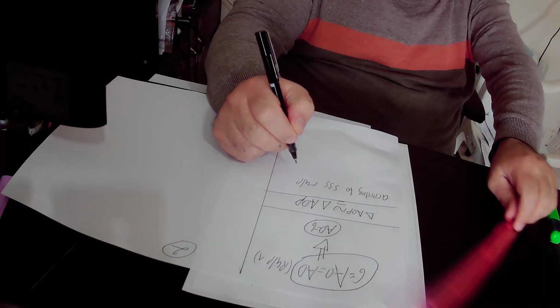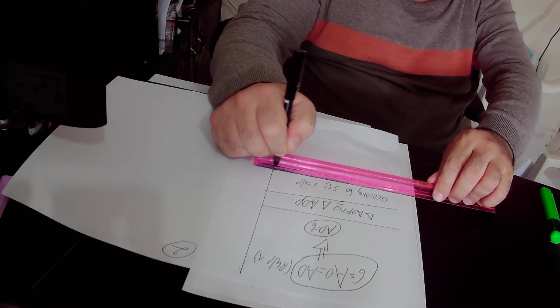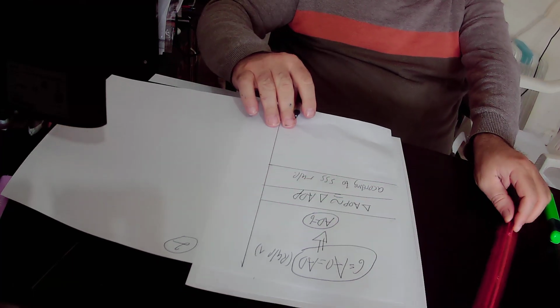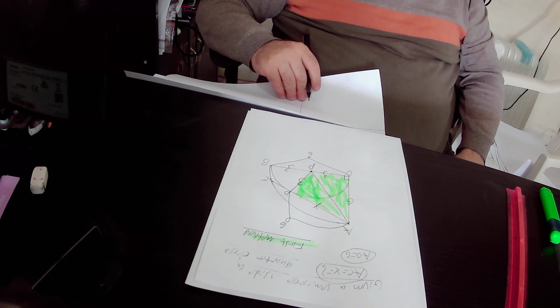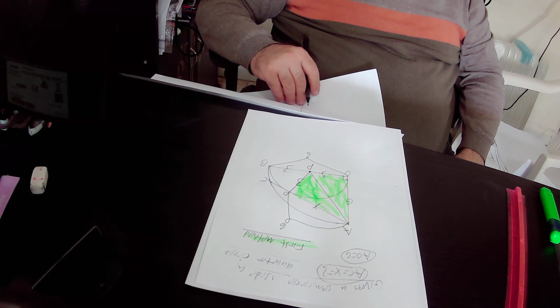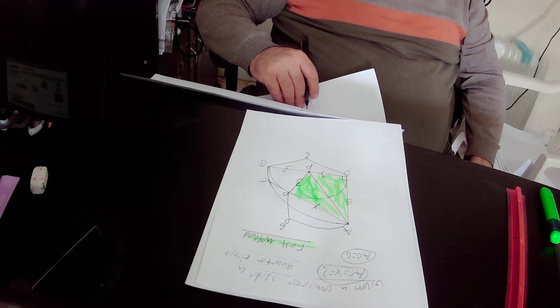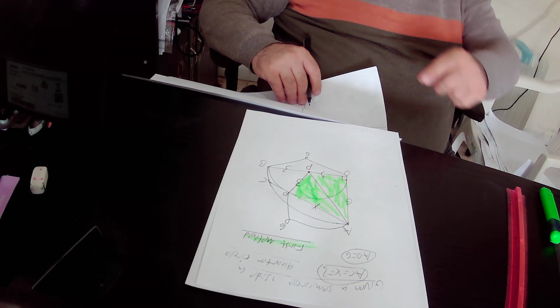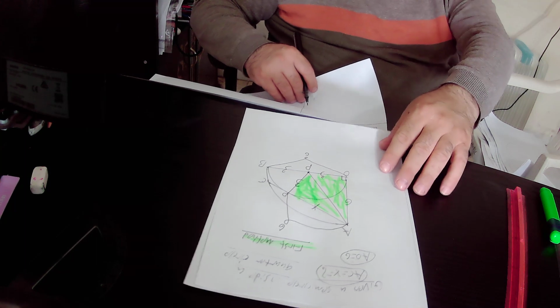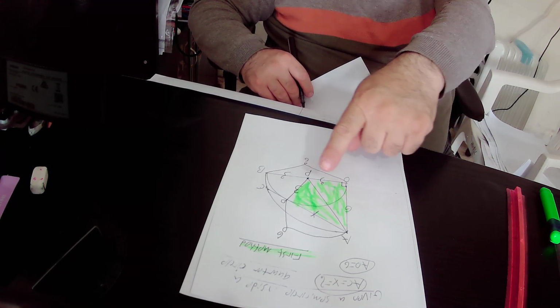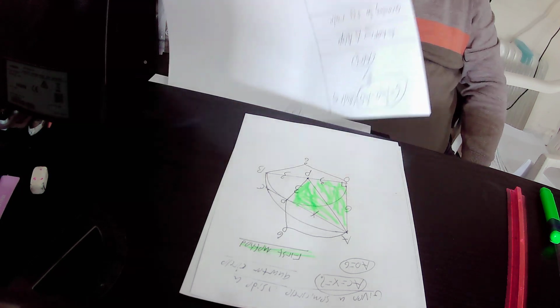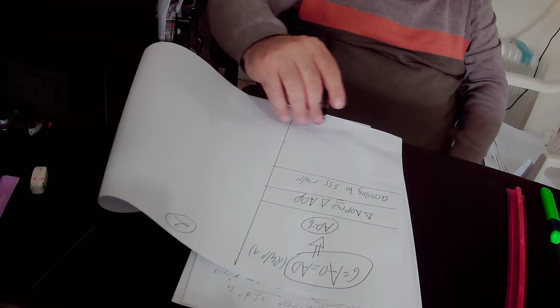Okay. So I repeat the reason that those two triangles are congruent to each other. First of all, AO equals AD equals 6 units, according to rule number 1.